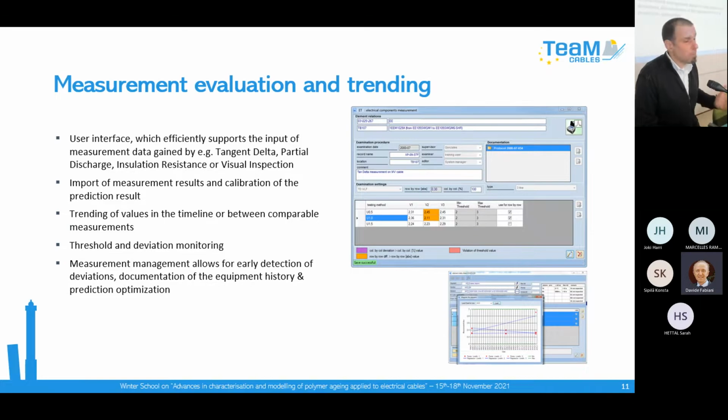And it's quite meaningful to compare the values from the last measurement to the current ones, and you can generate a trend to see is there a trend or not. In best case, it's not. So it's random, but if you have a trend, you have enough time as operator, maybe 5 years, to find a solution for this problem.